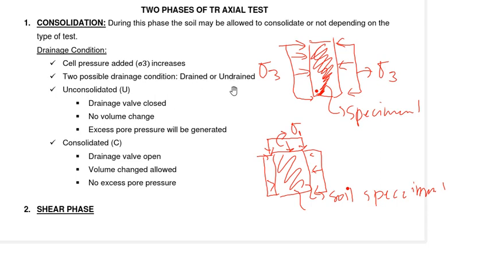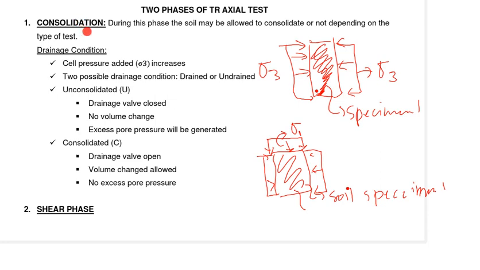If the valve is closed, we call the test unconsolidated. So if our valve is closed, our test is unconsolidated, and we use the letter U to label our phase if our drainage valve is closed in the consolidation phase.